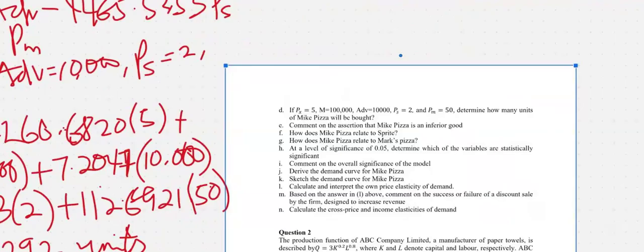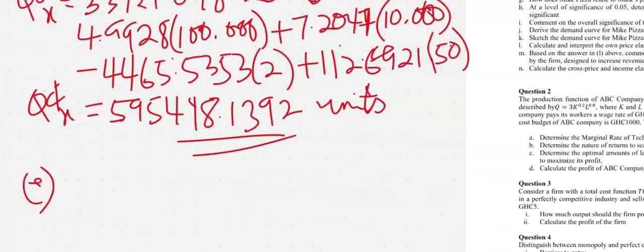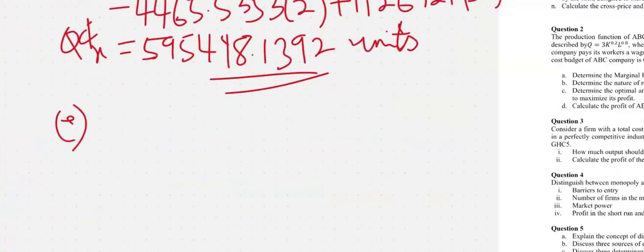Look at this. The coefficient of income is positive. So is Mike's Pizza an inferior good indeed? No. Why? Because the coefficient of income is positive. Good. So that assertion is false.